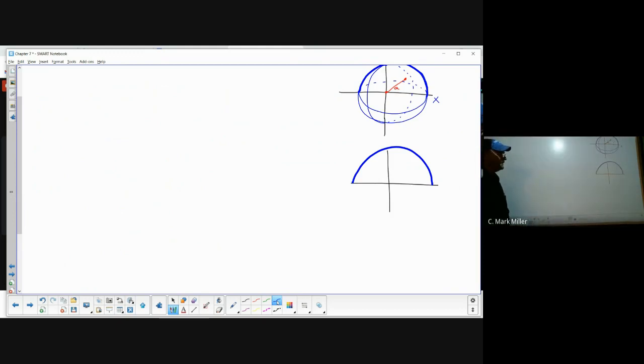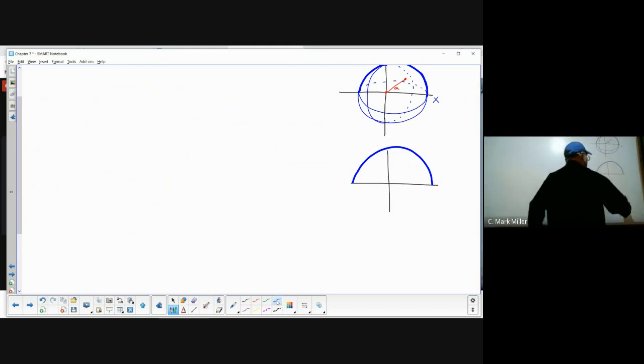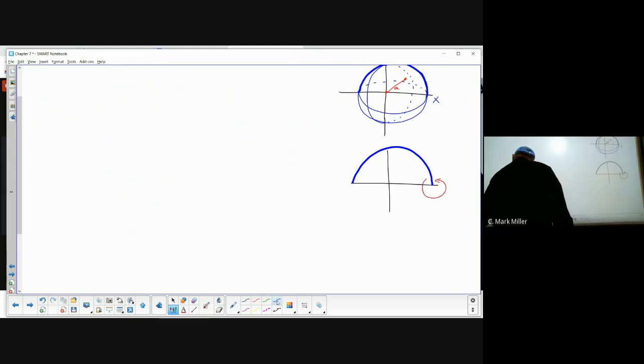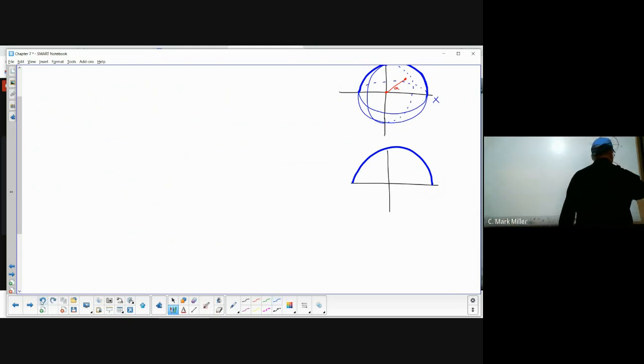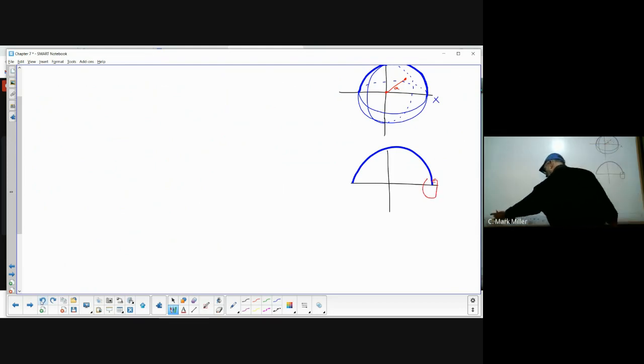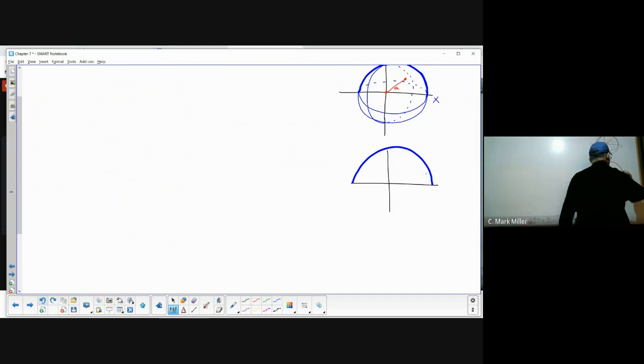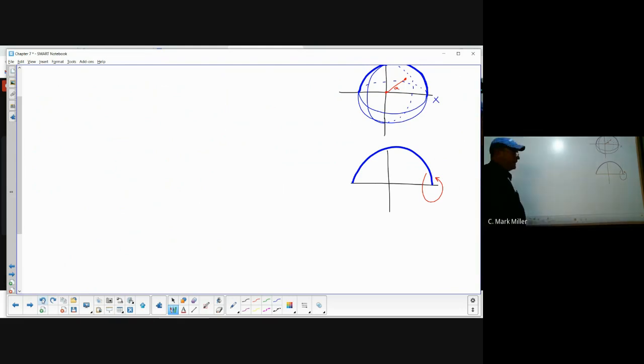That's the function. Rotated around the x-axis. I don't like the way that came out. Question, what is that function?